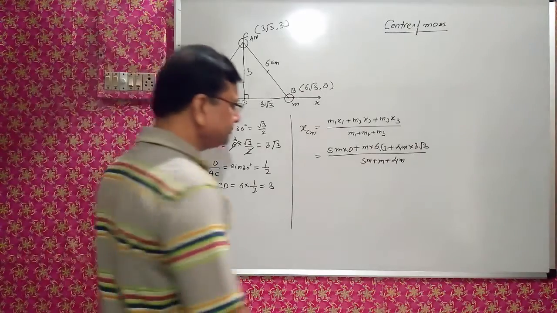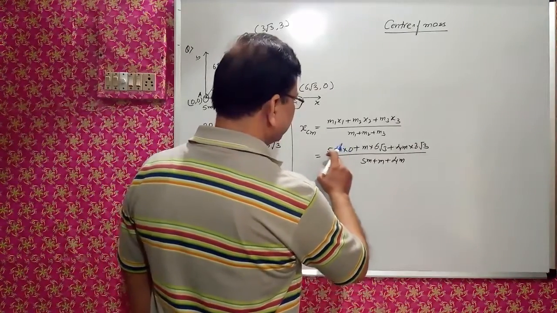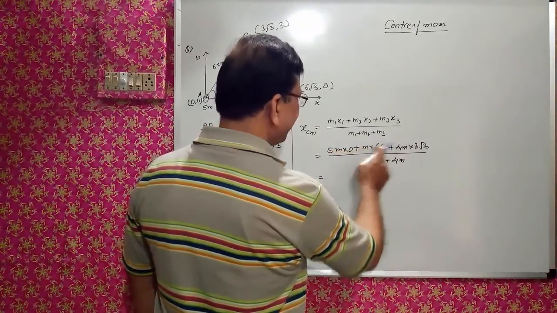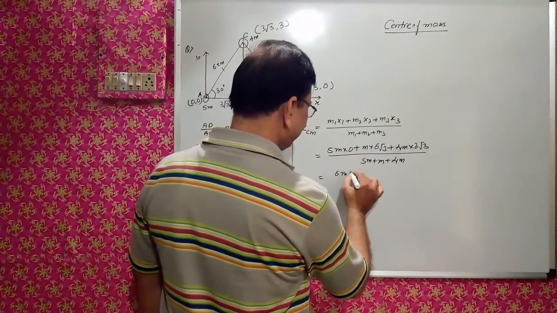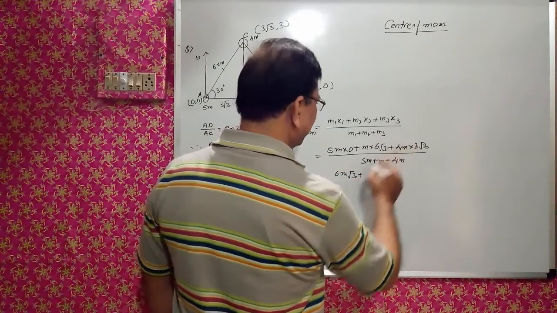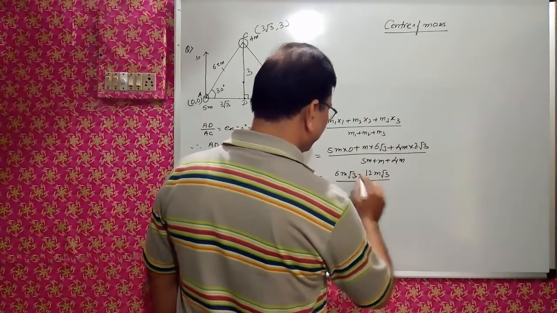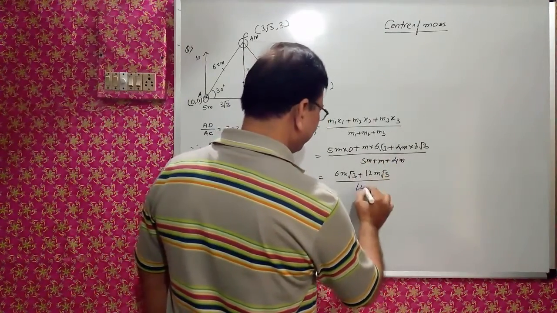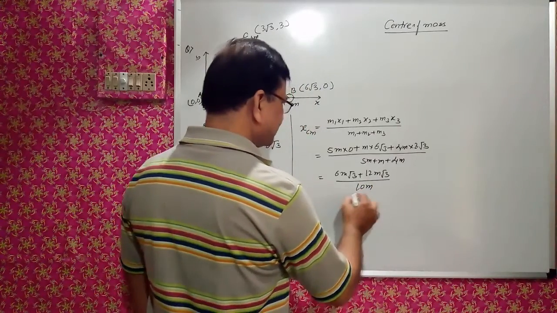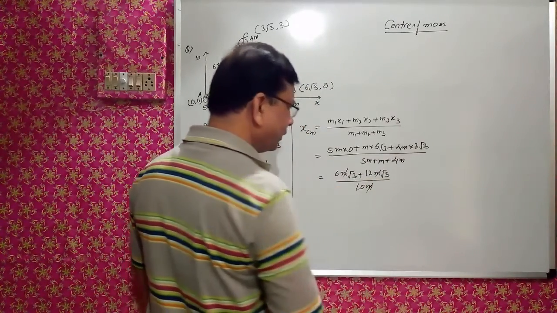Okay? So, this is 0, 6m root 3, 6m root 3 plus 12m root 3 upon, how much it is? 10m. Right? So, m will go.